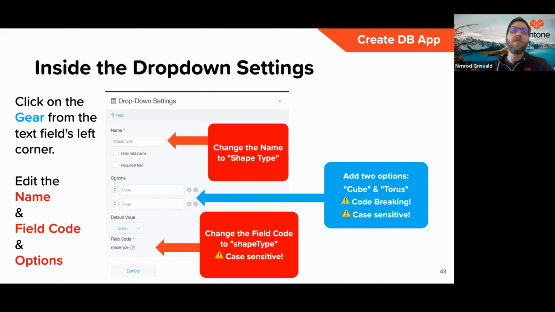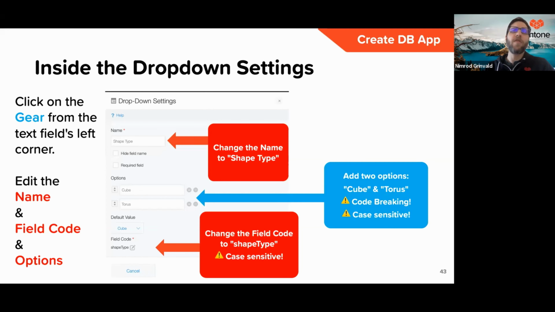For each one of those 3 number fields, you'll set it to be required. And you will set the parameters from the limits of the value from 0 to 100. And then at the bottom of this field settings page, change the field code to length, width, or depth respectively, and make sure these are lowercase. You're going to do this 3 times.